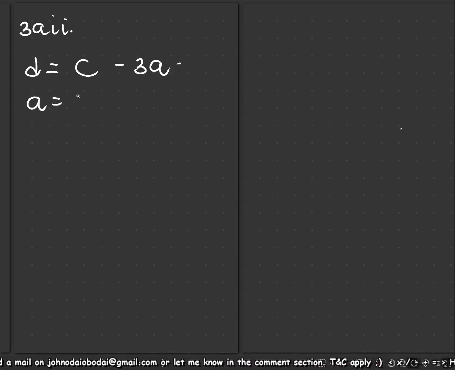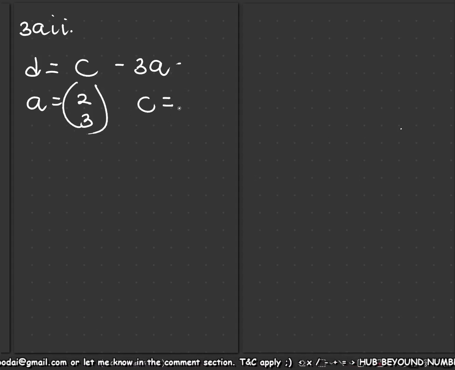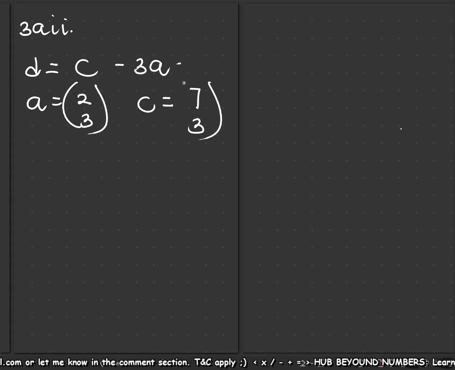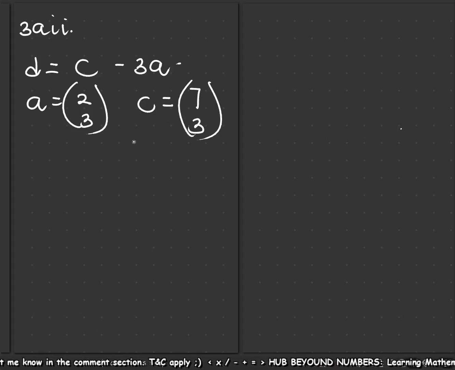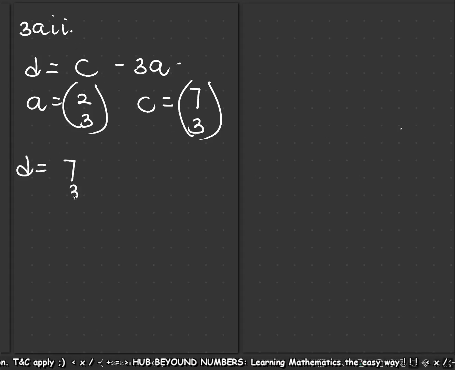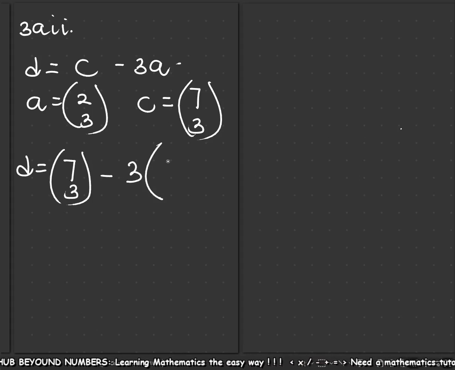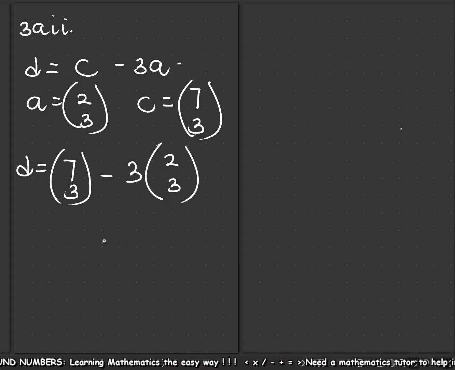Our a from the question was (2, 3), and the c from the question was (7, 3). You can always pause and try your hands. So our d is now equal to our c, which is (7, 3), minus your 3a. So 3 into bracket your a, which is (2, 3).